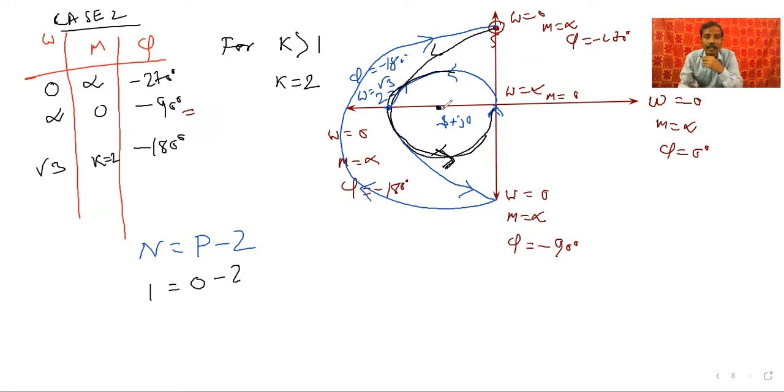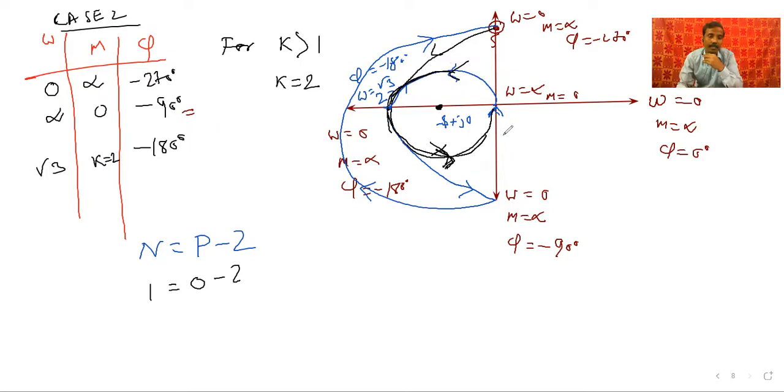Again, this is the -1 plus z0 point. This is the -1 plus z0 point. And this is anti-clockwise, because of this direction, anti-clockwise.